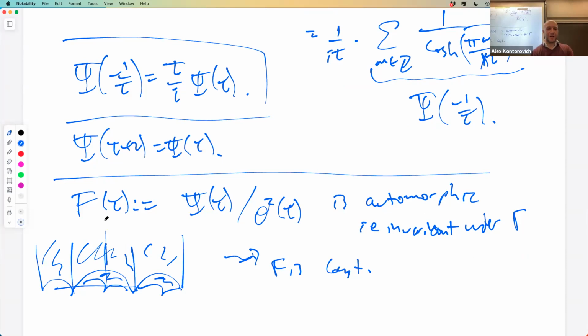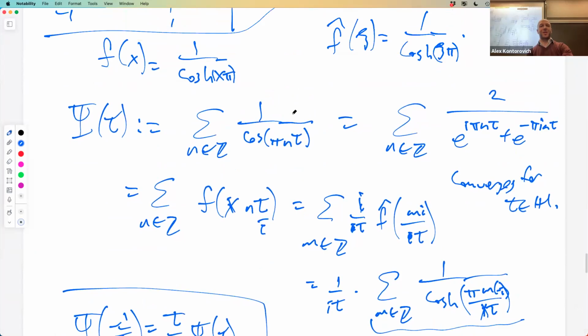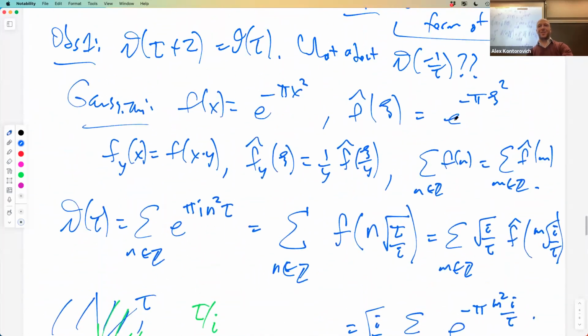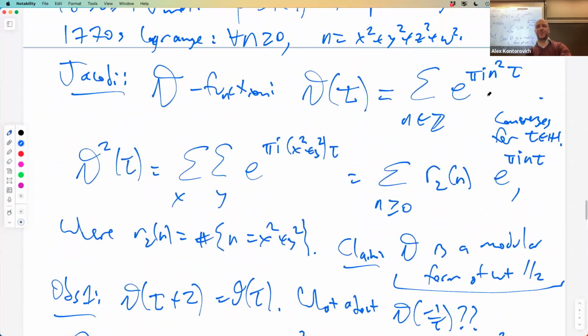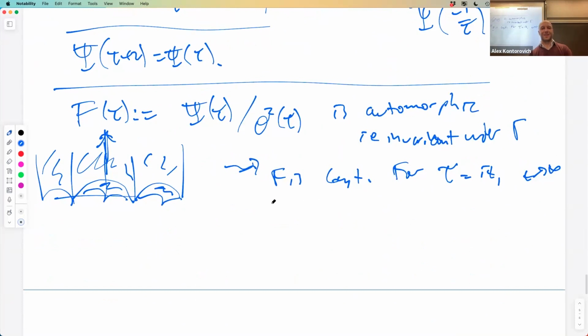And then when you look at what happens for tau equals it, and t going to infinity, as you go up the imaginary line, the only thing that contributes here, in either case, is the term n equals 0, and in fact, that constant is 1.